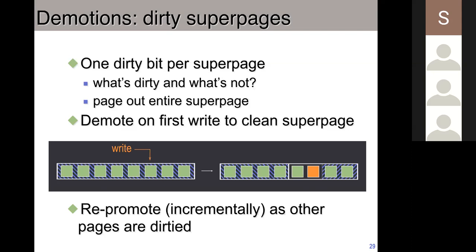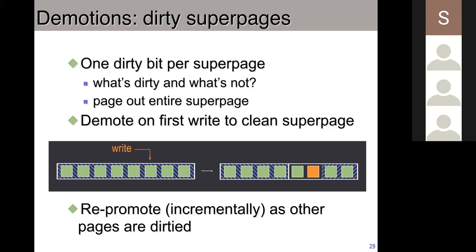We want to demote it just around the location of the write operation. So in this example, we demoted the super page into a super page of size 4, then 2 base pages, and another super page of size 2. Okay, 4, 1, 1, 2, right? And if we can somehow do this, then when it's time to swap things out, we can only swap out the dirty base page, the orange page that has been updated by the application.